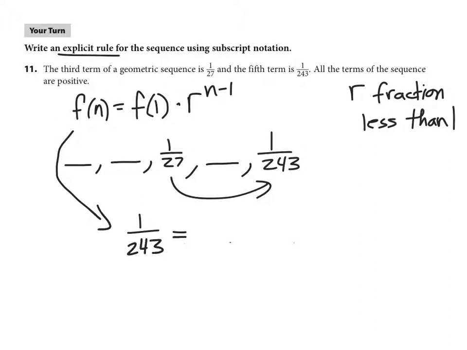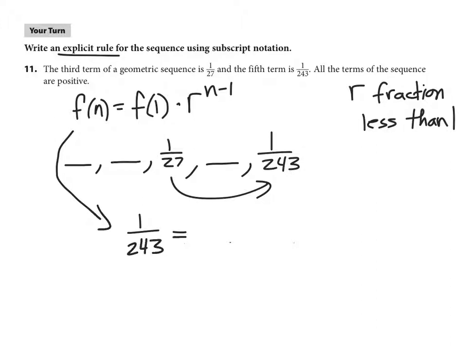I don't know the first term, so at some point I've got to find term number 1. But what I do know is term number 3. Now, how would I get term 3?